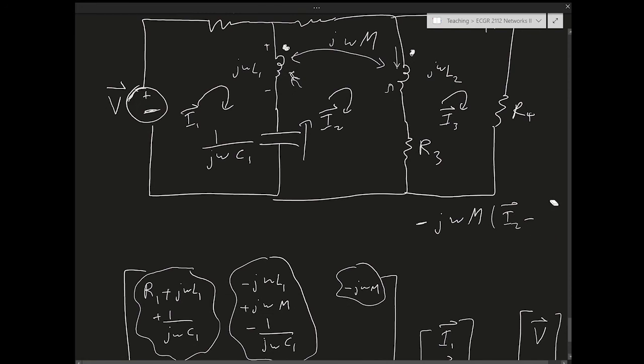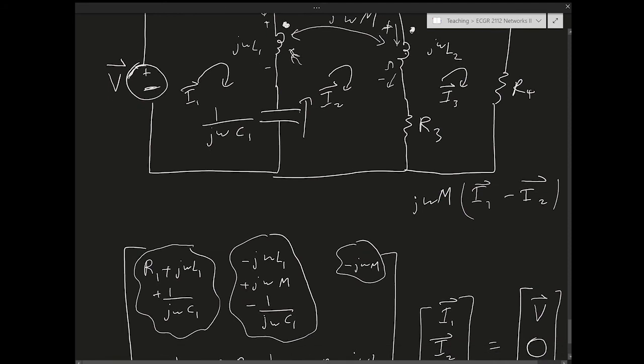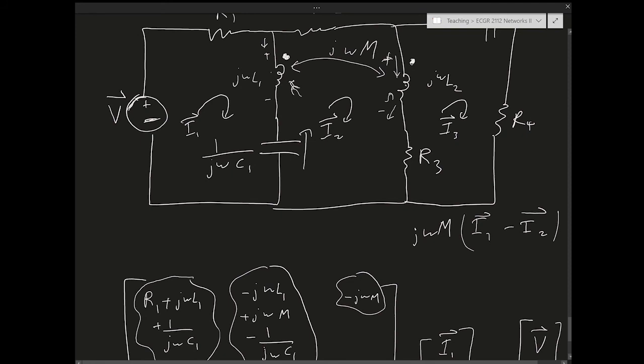Okay, and then we have to find the mutual voltage in the second coil. Here in this coil, by design, I take I1 minus I2 to go into the dot, right? And this is times j omega M. That's the mutual voltage appearing in this coil, right? But again, the KVL voltage is going to be this as I go through the loop, and this matches the polarity of the dot, right? This plus minus matches the polarity of the dot as I'm going KVL, and the current by design here is going into the dot.